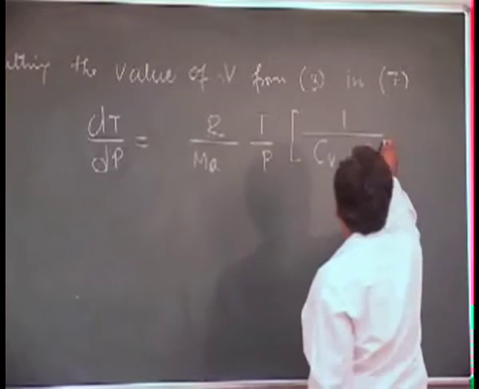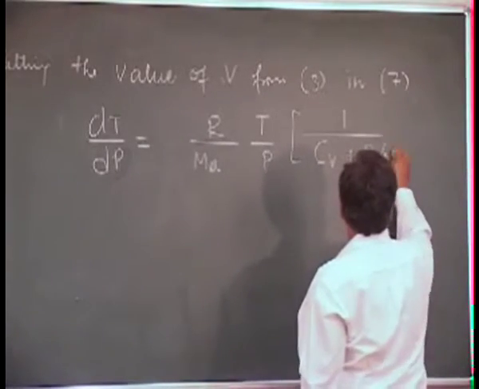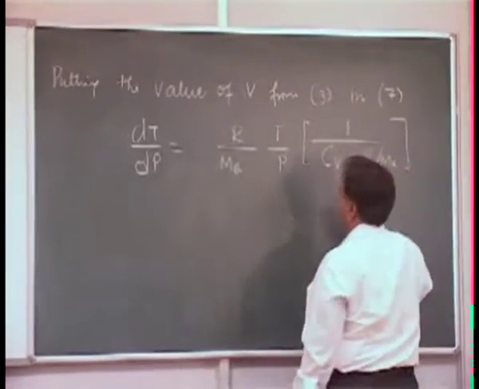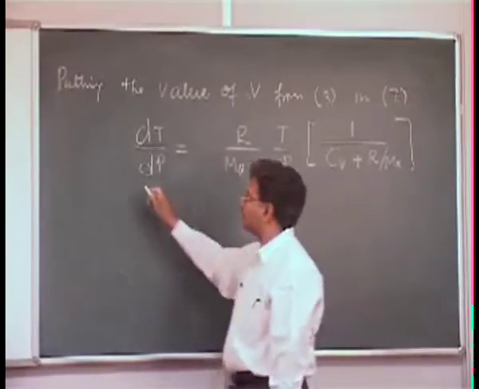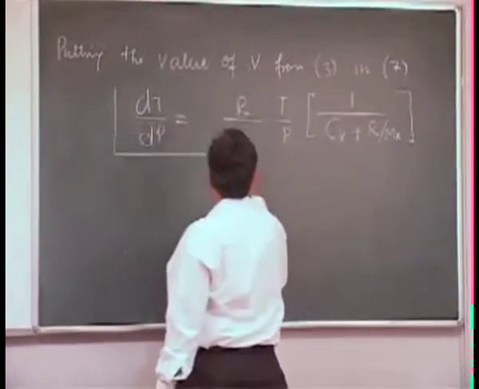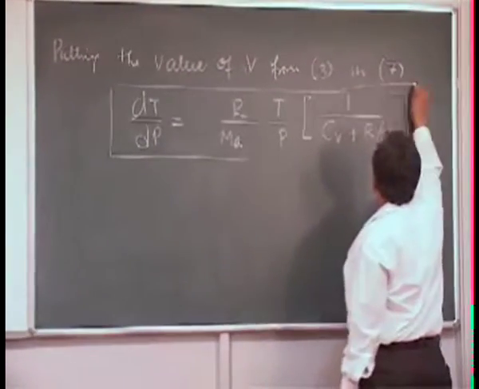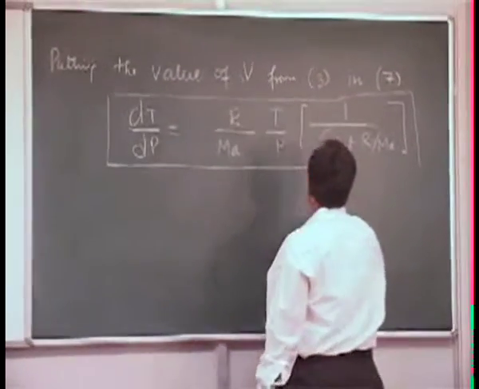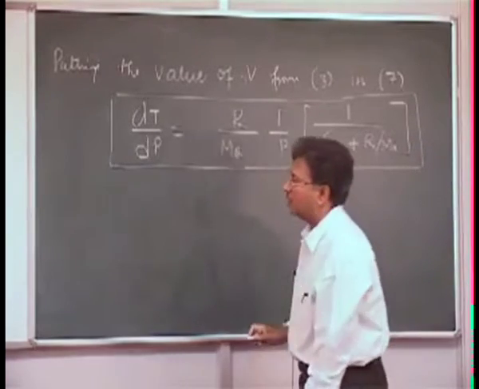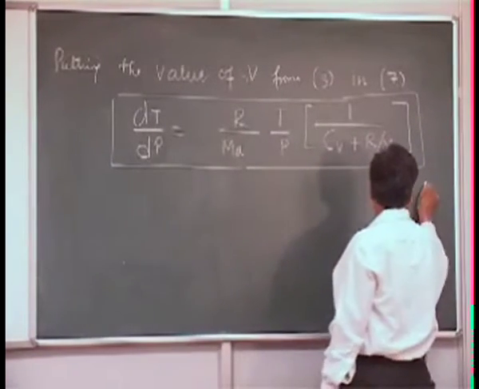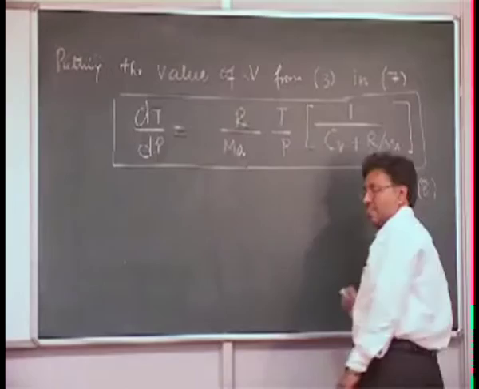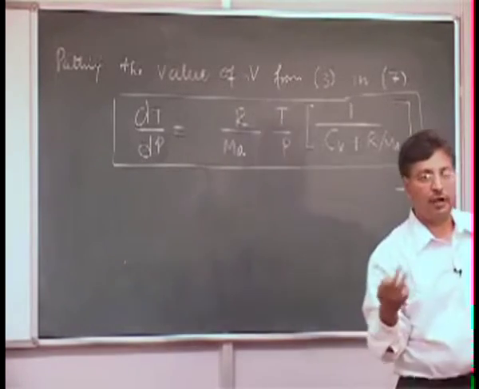Great. You get the same expression as I get. So we'll remember this equation. Don't forget this equation, because this tells me how the temperature will change with respect to pressure. Let's write this equation as 8. No problem, you have derived that one out.